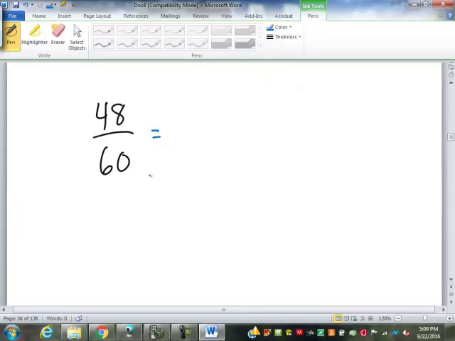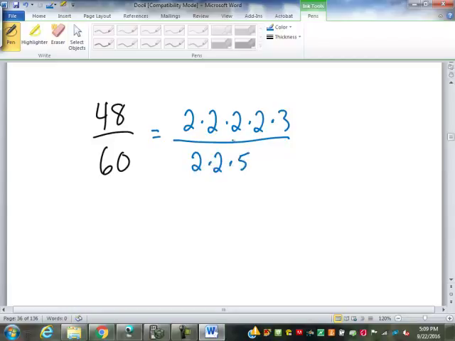If I prime factor 48, now I don't have time to do the tree right now, so you're going to have to trust me. You can double check me on your own if you want to. You get 2 times 2 times 2 times 2 times 3. If I prime factor 60, I get 2 times 2 times 3 times 5.